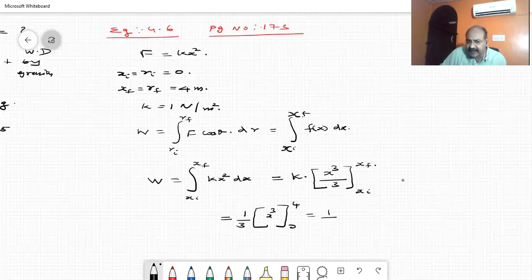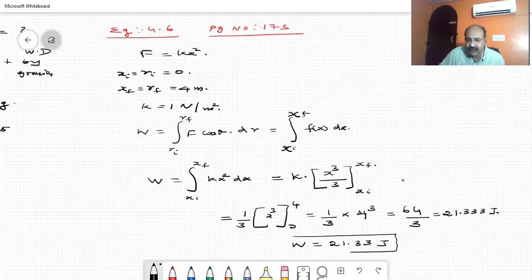On simplifying this, you get 1 by 3 into 4 to the power of 3. So 4 cube is 64. 64 divided by 3, if you want, we can simplify. So the work done is given by the answer 21.33 joule.